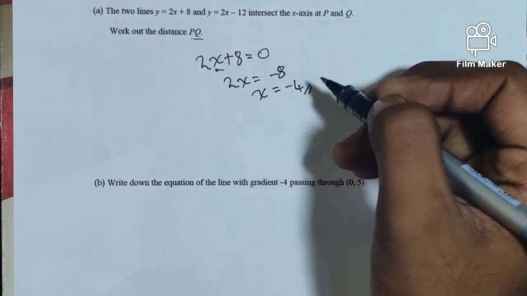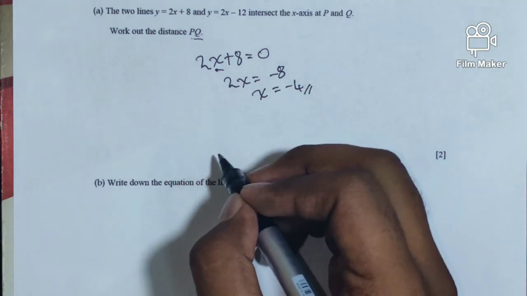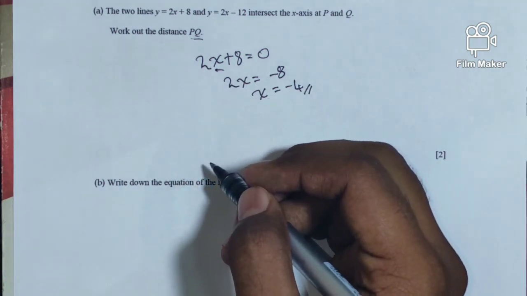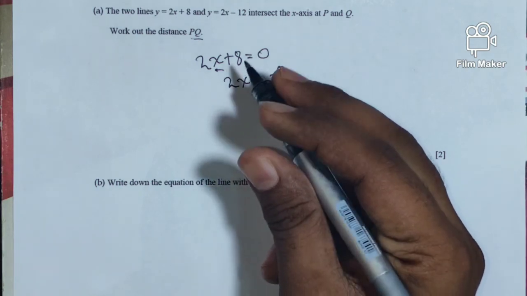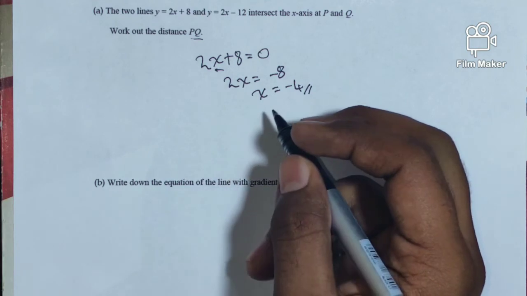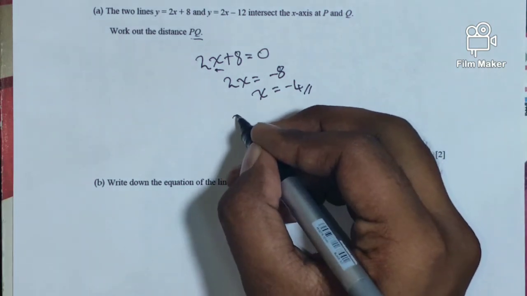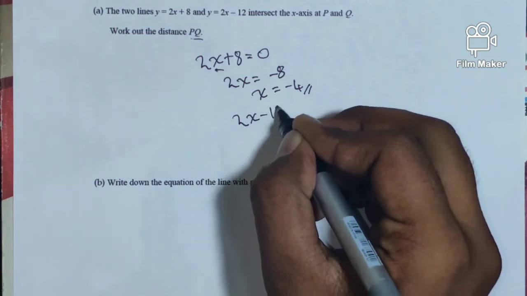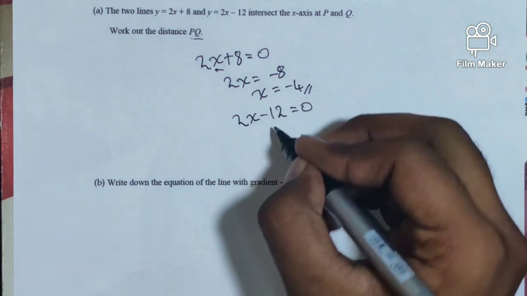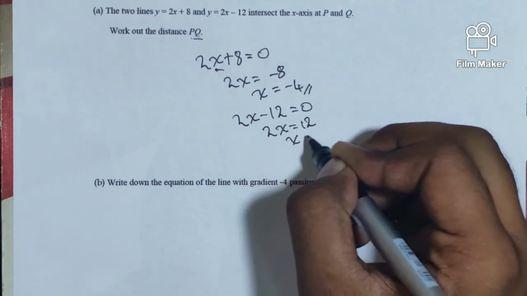And then for the equation y equals 2x minus 12, the line intersects the x-axis when 2x minus 12 equals 0, so 2x equals 12, x equals 6.